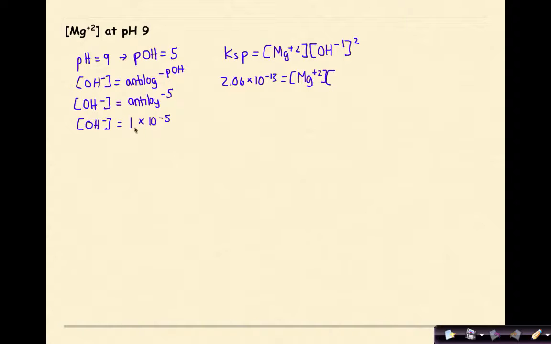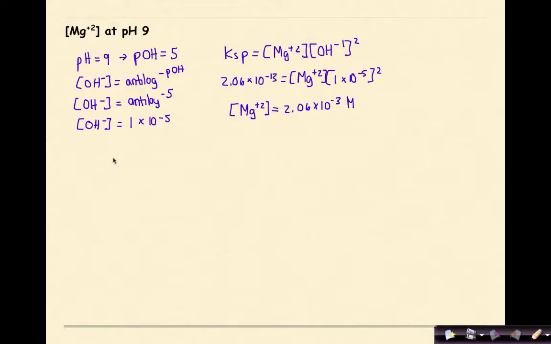I have my hydroxide ion concentration right here, which is 1 times 10 to the negative 5 squared. And if I work this out, I calculate that my magnesium ion concentration is 2.06 times 10 to the negative 3 molar.